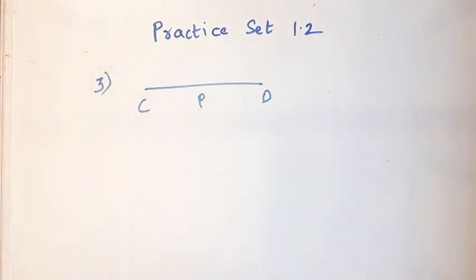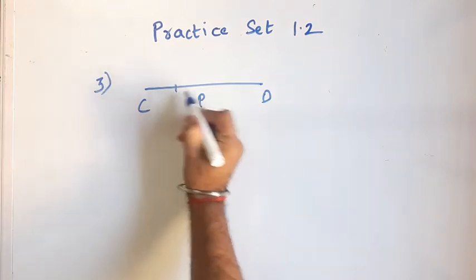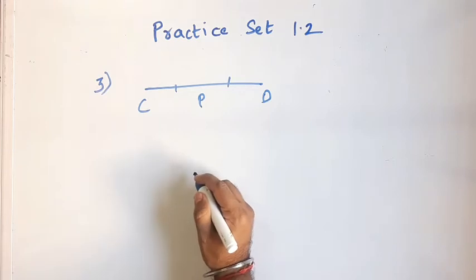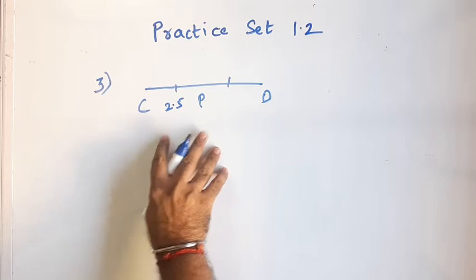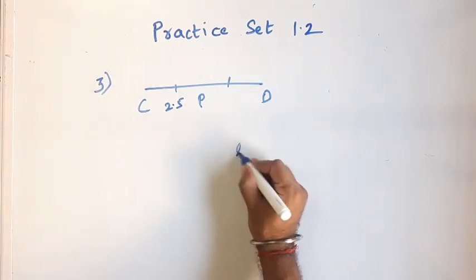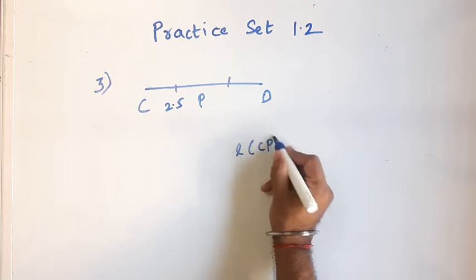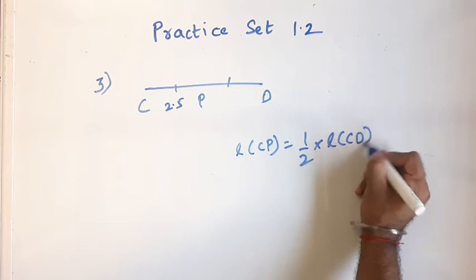it says that point P is the midpoint of segment CD. Okay, if CP equals 2.5, this much is 2.5, so how much is CD? Again, it is very simple. I can write length CP is half of length CD.